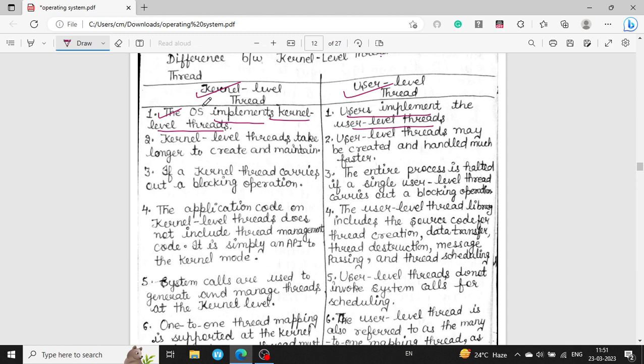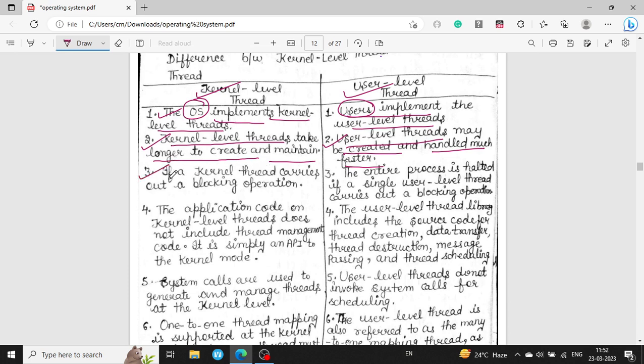Second difference, kernel level threads take longer to create and maintain. On the other side, user level threads may be created and handled much faster as compared to kernel level threads.